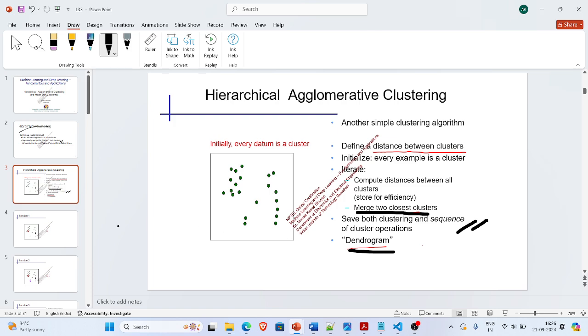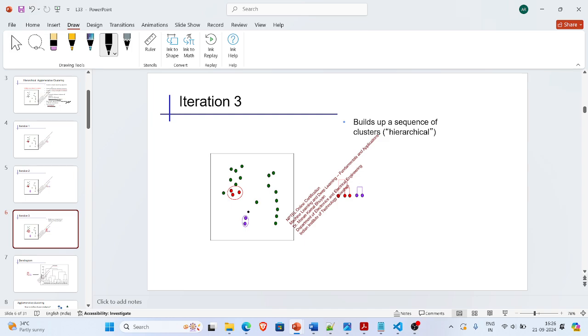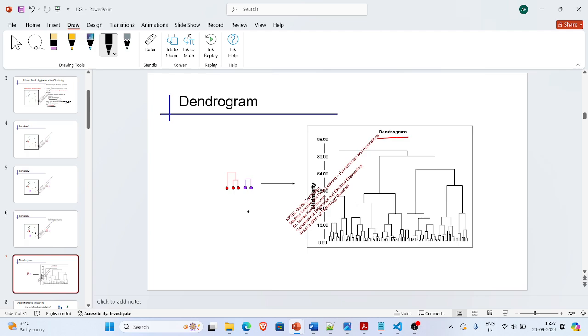So what does it mean? As you can see, these two are very close, so these are clustered into one. Next, these two are close, so they are clustered into another cluster. After that these three are closer. So building up, we get this dendrogram.